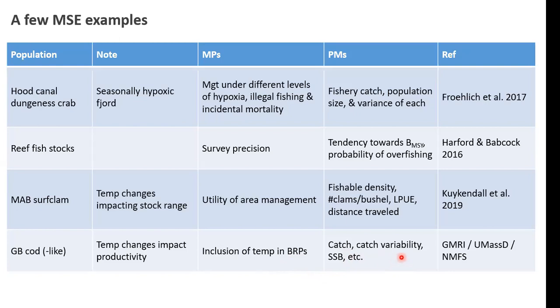All this is to say that I think the performance metrics that people look at are typically pretty similar: catch, spawning stock biomass, always of interest, probably the probability of overfishing. But when you look at the context in which the studies are made, you have all these interesting environmental components, and the management procedures that people are testing are a really broad range of possibilities.